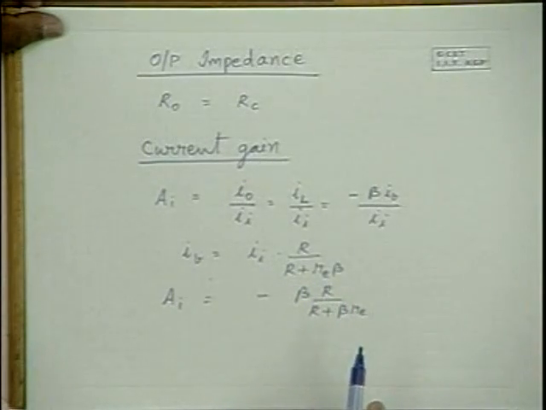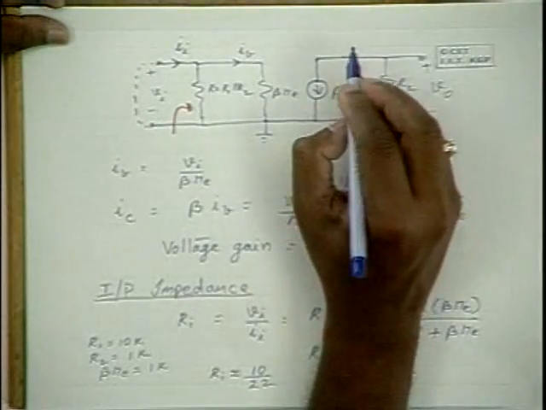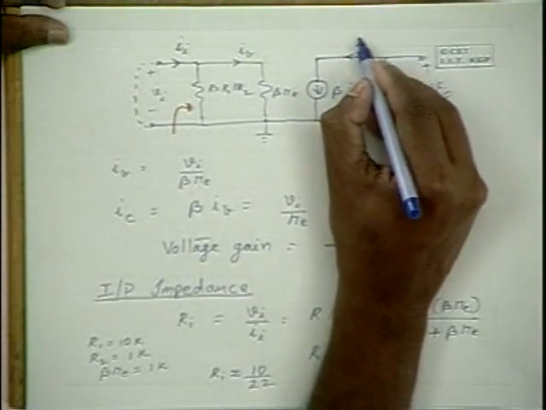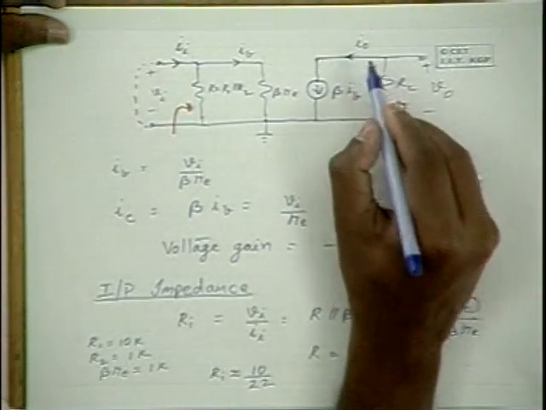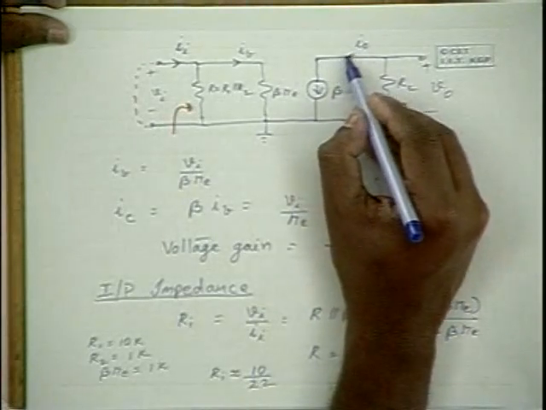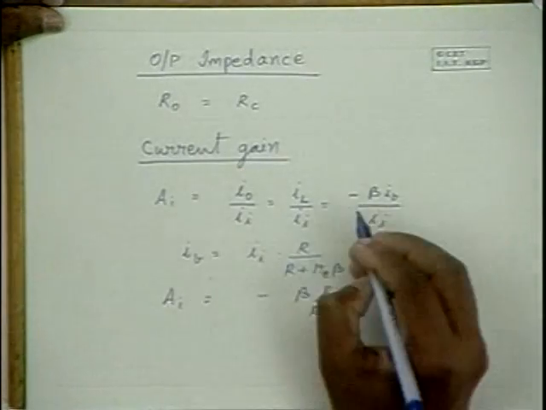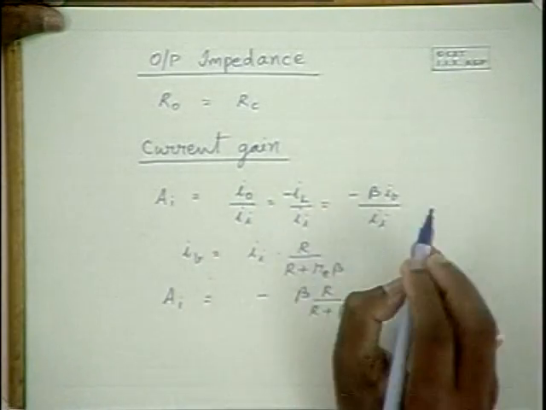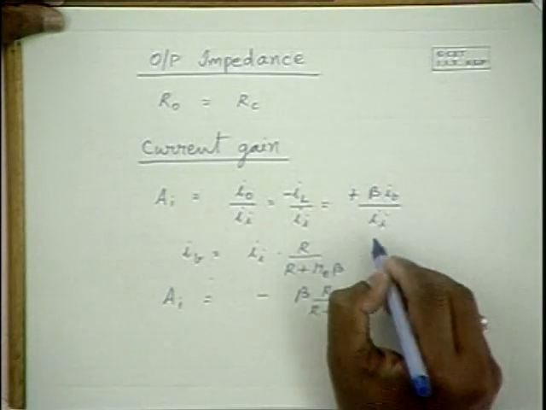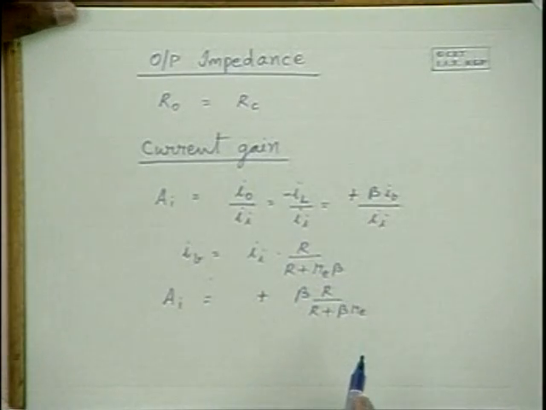And in some books, we follow a notation where the output current is defined as the current going into the node. If you follow that notation, the current gain would be I naught by II, equal to minus IL by II, equal to plus beta IB by II, in which case the current gain is beta R by R plus beta RE.